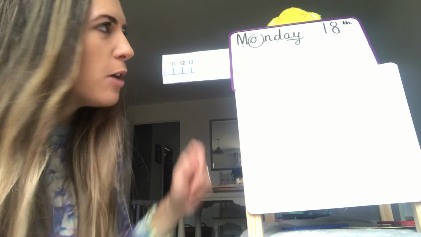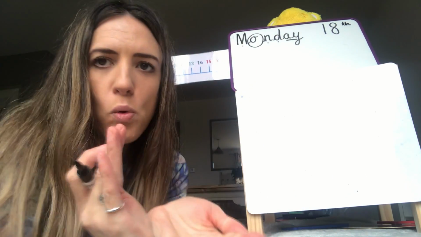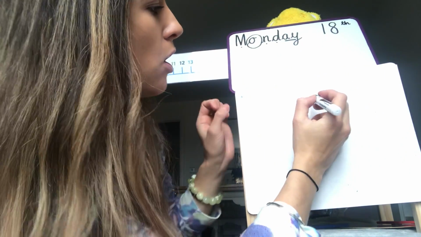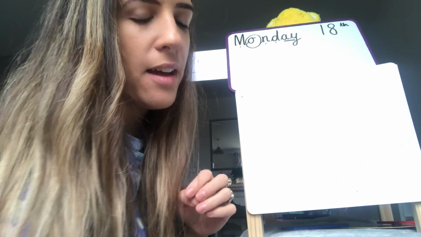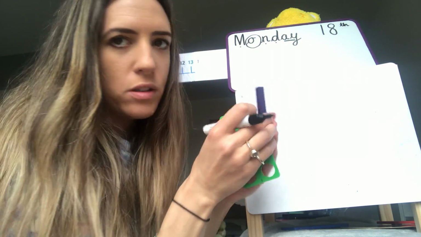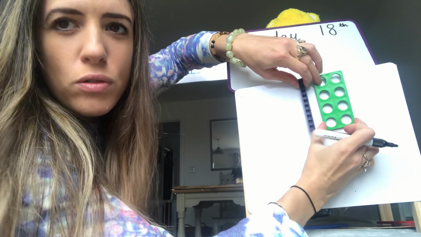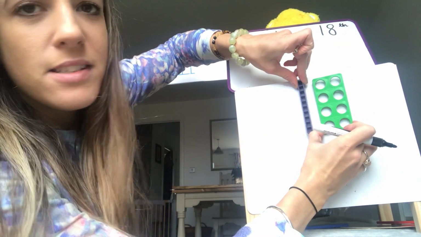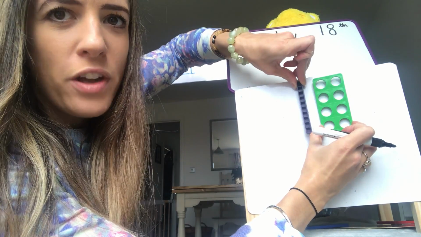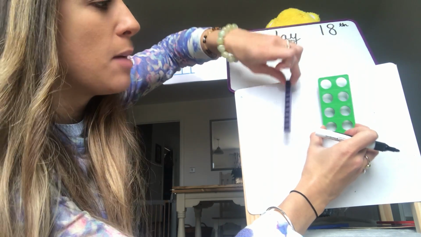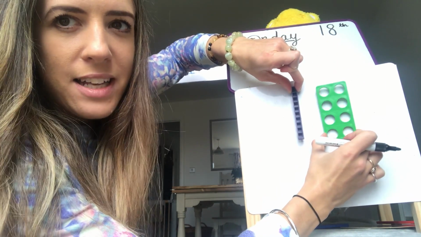Right then, so 18 is our whole amount. That's our whole number, and I'm going to make that with my 10s and my 1s. I'm going to stick them on here first, and then I'm going to draw them like you're going to. Okay, so that's 18. 1 ten, thinking about our 10s and our 1s, and 8 1s. Good, let's draw it.